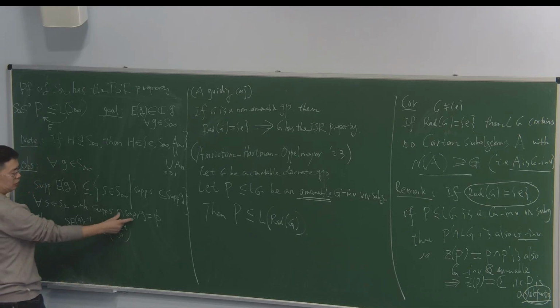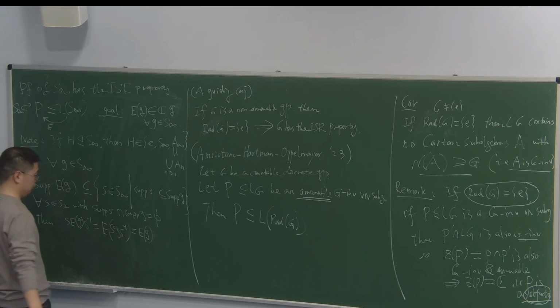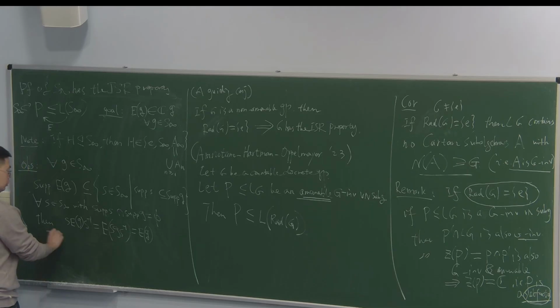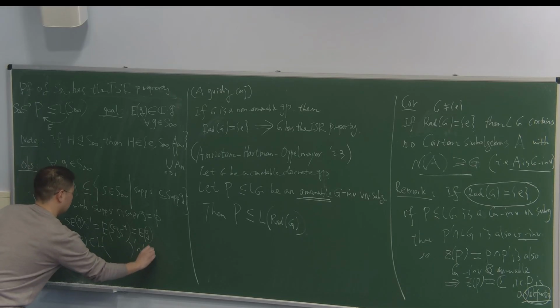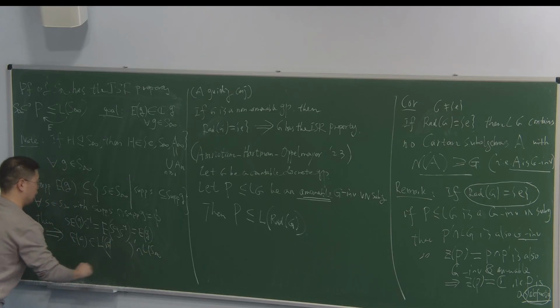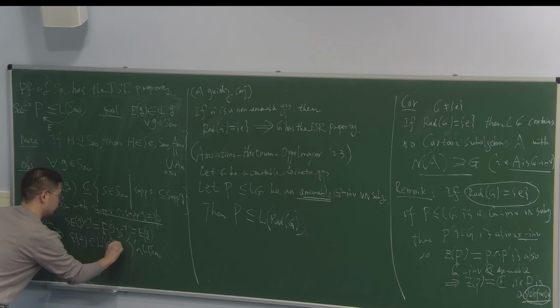Now since they have disjoint support, they actually commute with each other, so you get E(u_g). So this tells you this E(u_g) lies in the relative commutant of all these s with this assumption, with disjoint support.